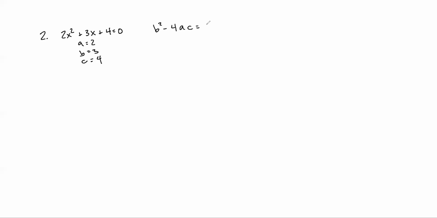So b squared is 3 squared minus 4 times A is 2 times C, which is 4. Now 3 squared is 9. We only have one negative, so it'll be minus, and it's the exact same number as before, so 32. And now 9 minus 32, this is going to give us a negative 23.